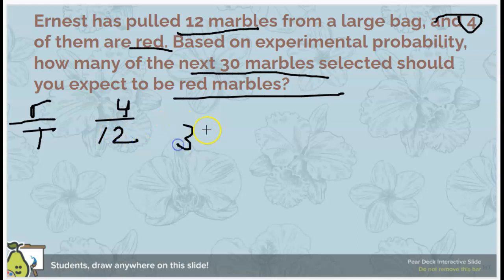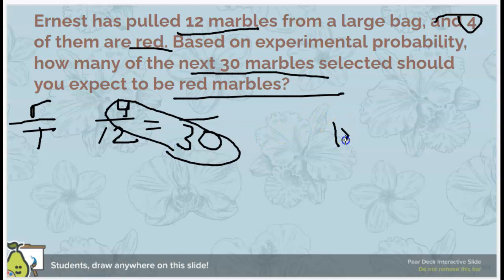And we know that they're going to pull 30. So you could simplify and then do equivalent fractions, or I could just multiply 30 times 4 and I get 120. And 120 divided by 12 will get me 10. So 10 of them are going to be red.